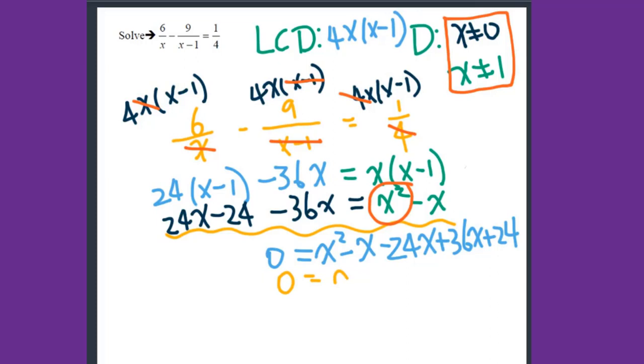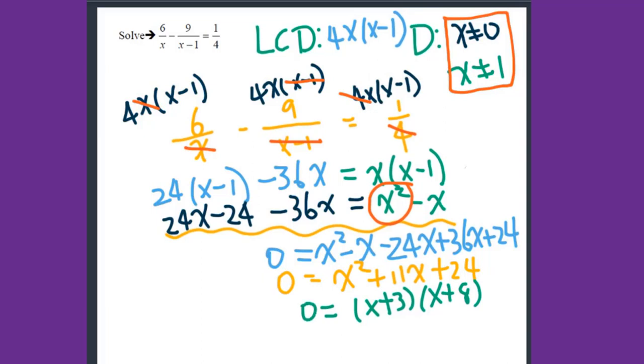Simplify, and you will get x squared plus 11x plus 24. We can factor this. We get x plus 3 times x plus 8 equals 0. Therefore, x1 will be negative 3 and x2 equals negative 8.